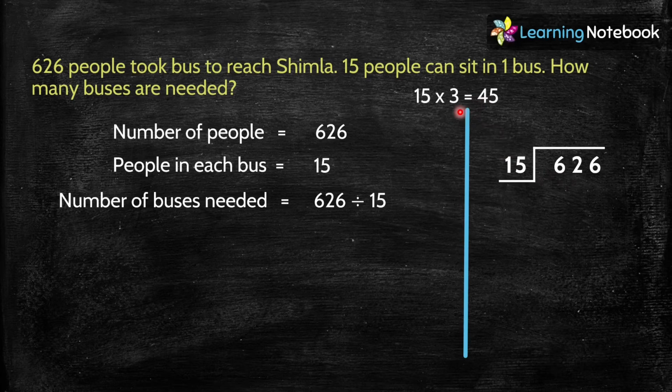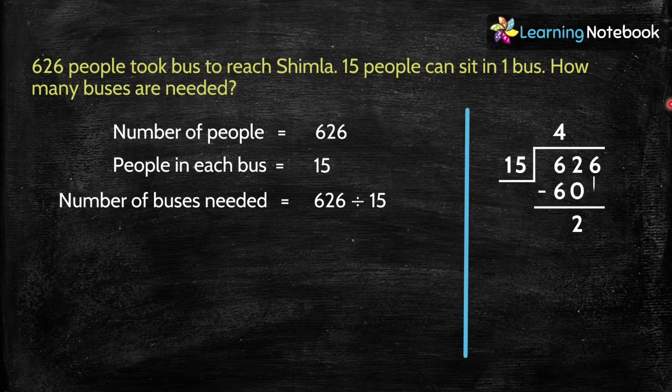So let's try 15 into 4, which equals 60, and it is very close to 62. So let's take 4 as quotient here. So 15 into 4 equals 60 and 62 minus 60 equals 2.